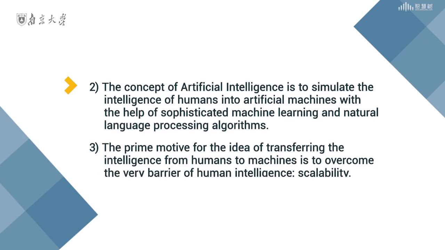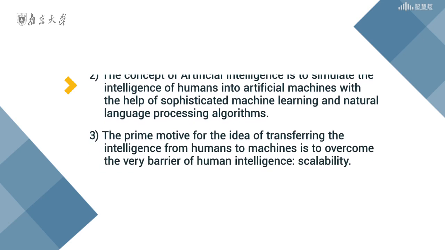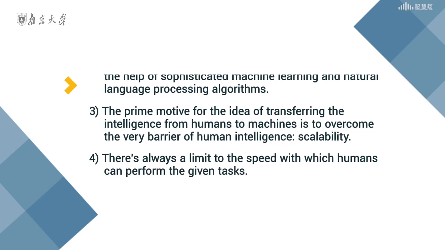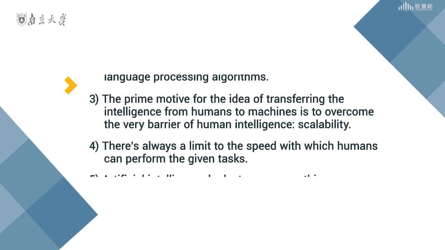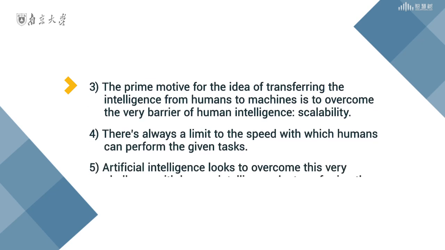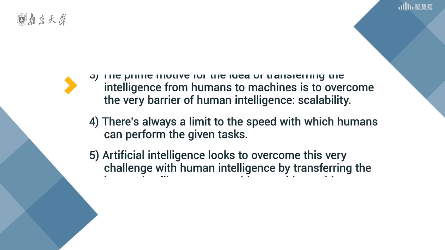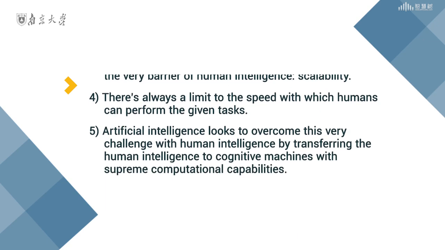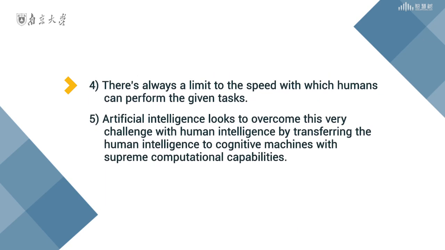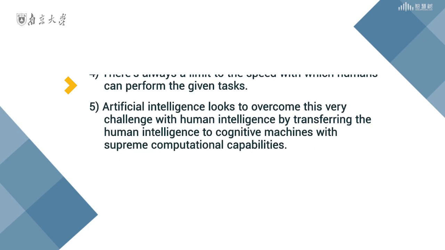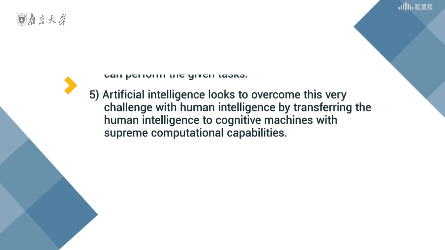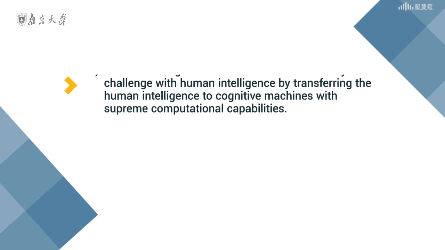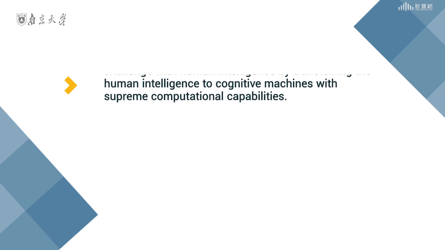The prime motive for the idea of transferring the intelligence from humans to machines is to overcome the very barrier of human intelligence: scalability. There's always a limit to the speed with which humans can perform the given tasks. Artificial intelligence looks to overcome this very challenge with human intelligence by transferring the human intelligence to cognitive machines with supreme computational capabilities.